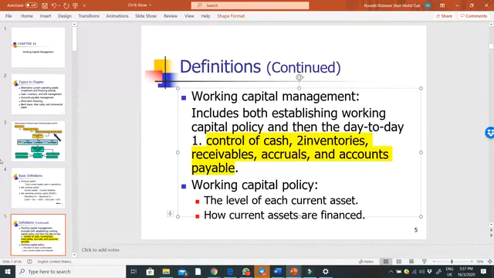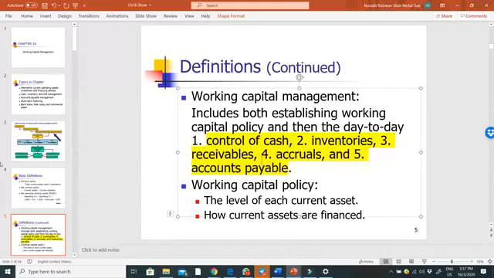Number 2, control of inventories. Number 3, the receivables. These are your operating current assets. Accruals and account payables are current liabilities. So working capital policy is actually the level of each current asset and how current assets are financed.